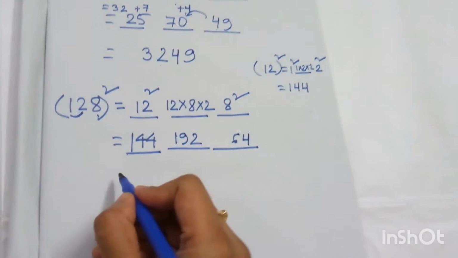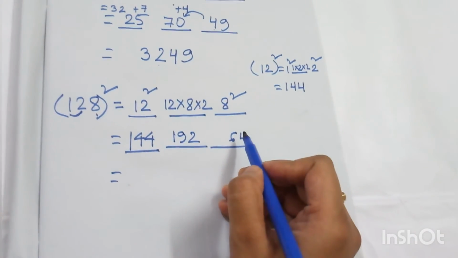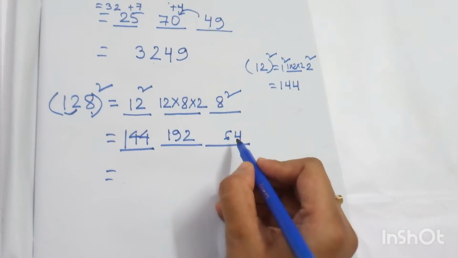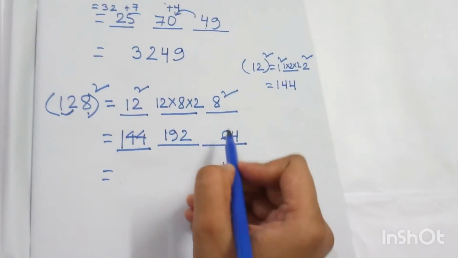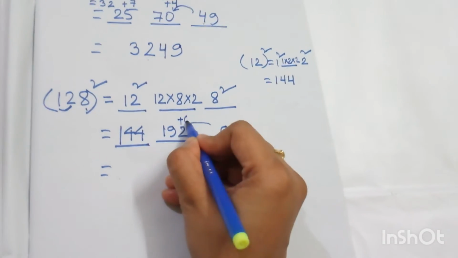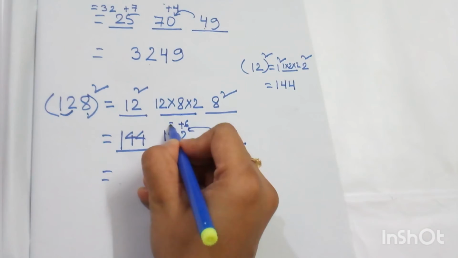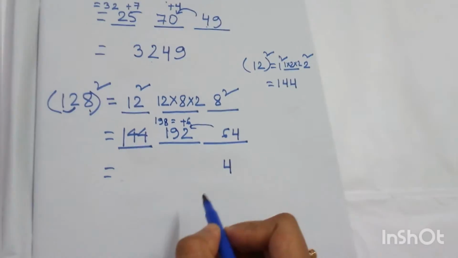192. So the final answer, we will take only the unit placed number. Okay, 4 here, so 6 will be added to this. Plus 6, it will be 198.